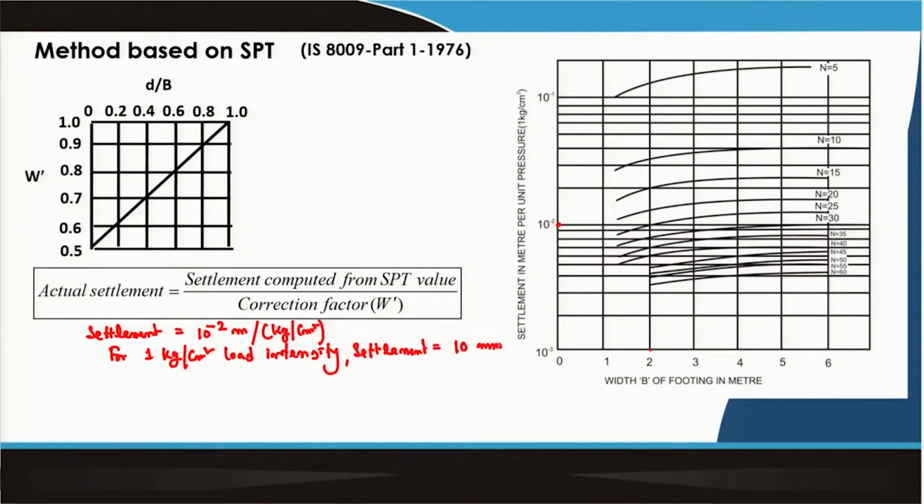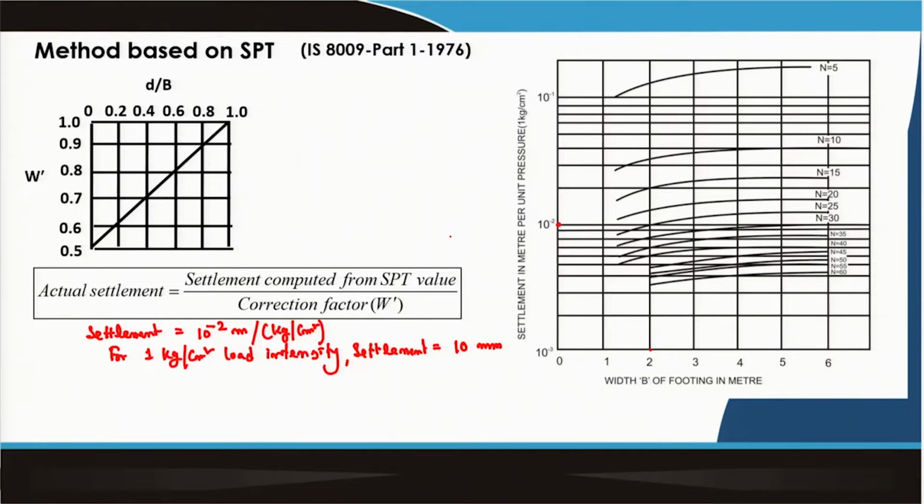So, now if we apply 1 kg per centimeter square load intensity on that foundation, I will get a settlement of 10 millimeter. Okay. So, our permissible settlement is how much? Our permissible settlement is 50 millimeter, but in this settlement we have not considered the water table effect. So, that water table effect we have to consider.